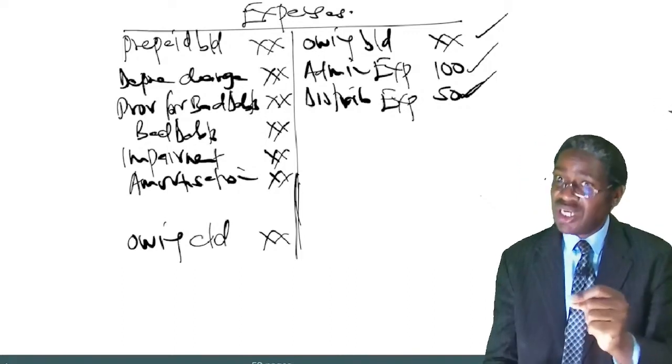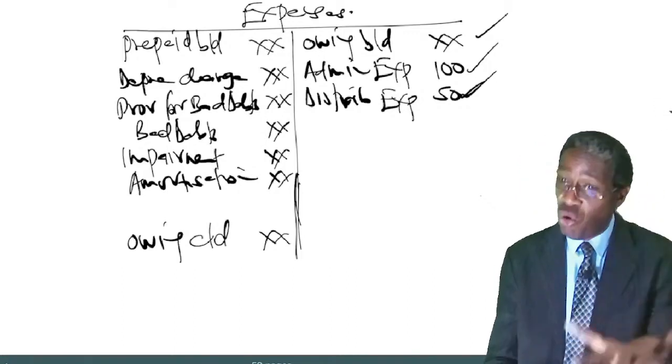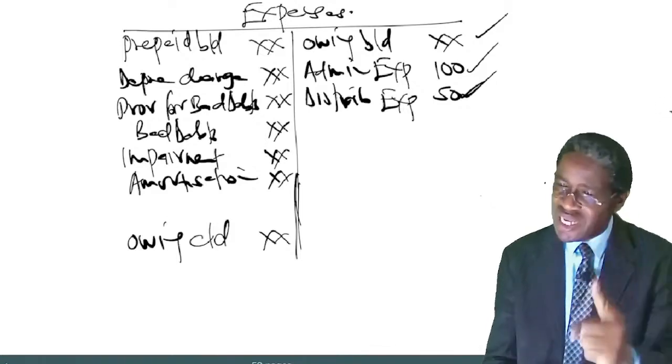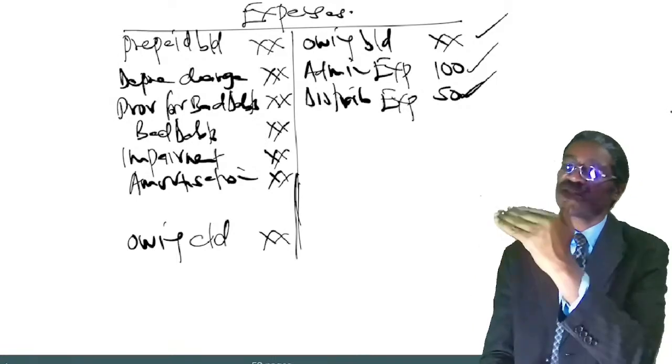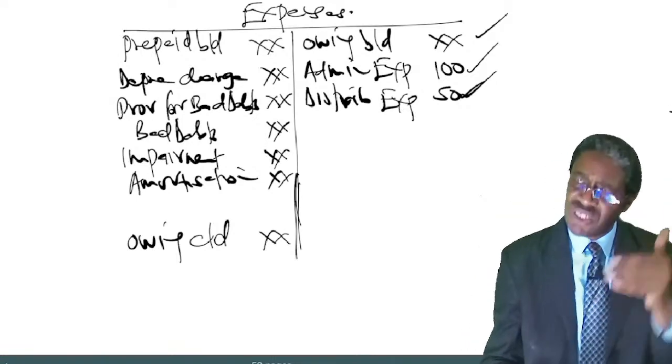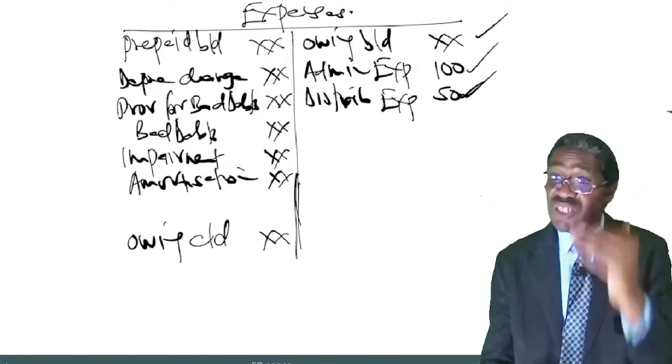I've told you, any expense that's accruing or owing is a liability. I've also told you, a liability is always a credit balance. But I've also told you, you cannot have a brought down by the end of the year without a carry down.